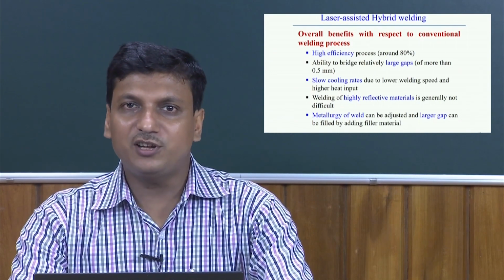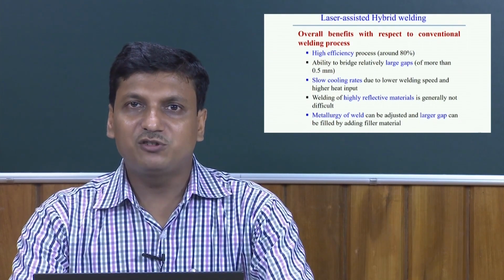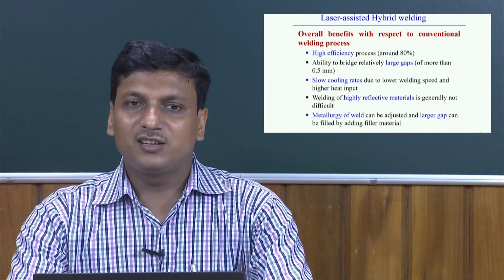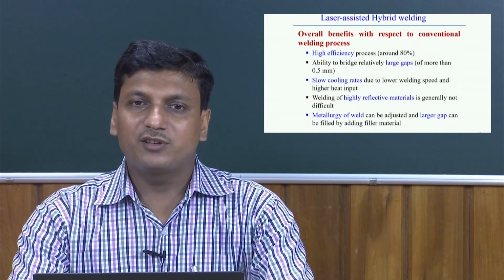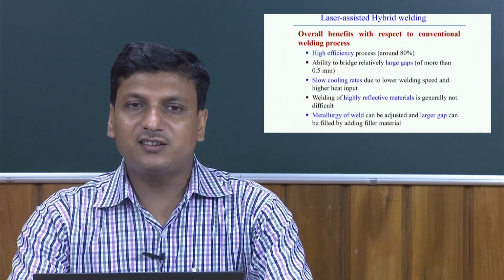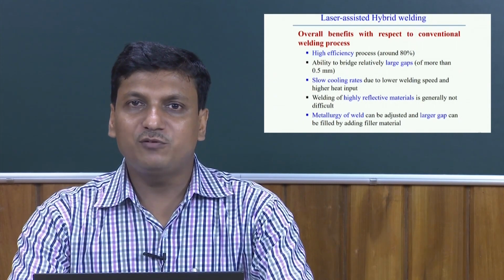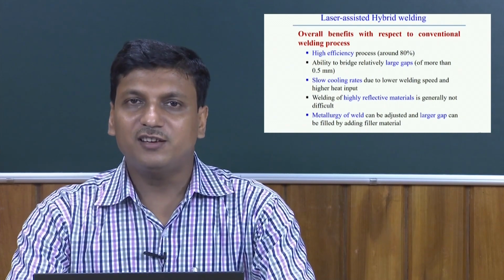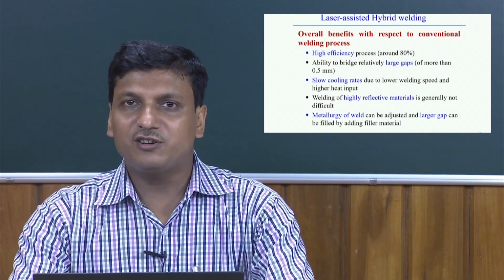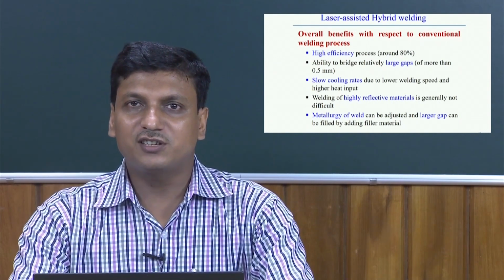And of course, very high thickness materials can be joined using these hybrid processes. Another benefit is the slow cooling rate. If we use a relatively low welding speed, the heat input per unit length is very high, so the rate of cooling is very slow.